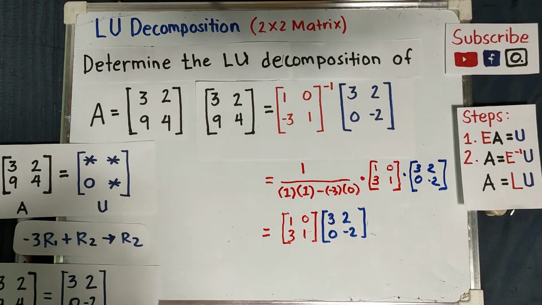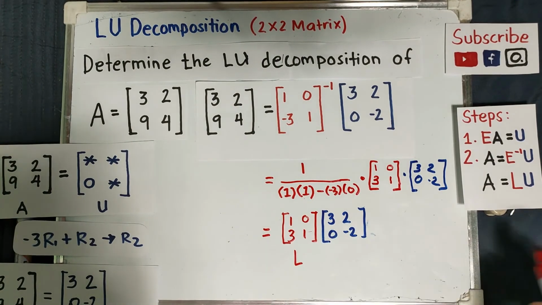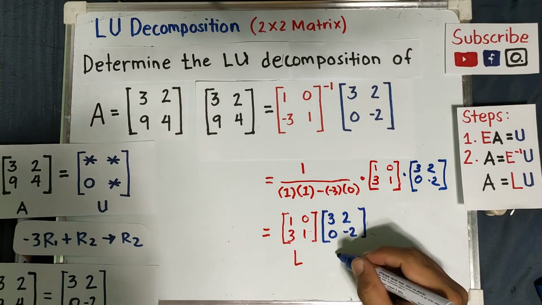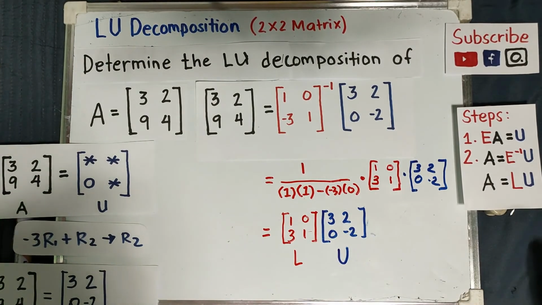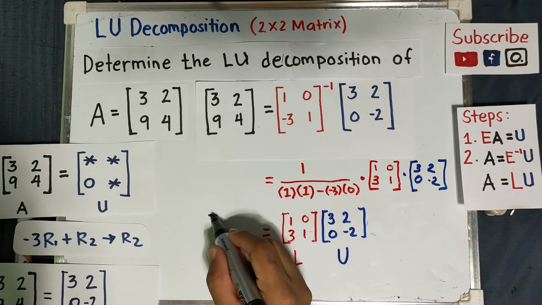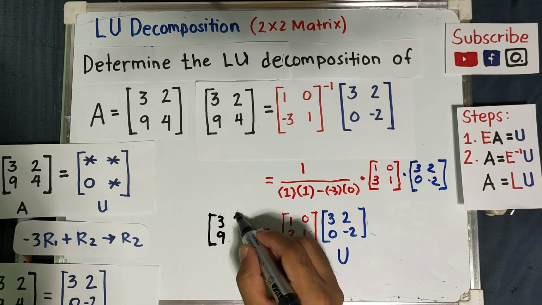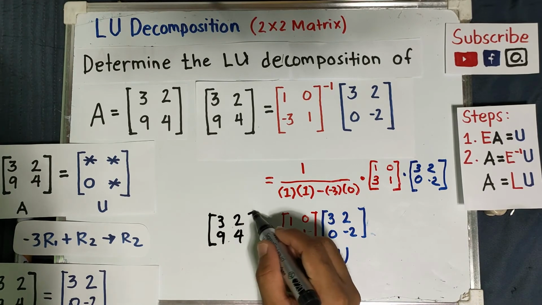Okay, so here we can see our L, and beside that is our U. And here we write the given problem, which is the matrix [3 9; 2 4].